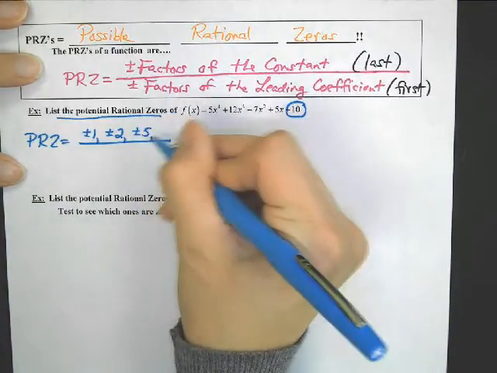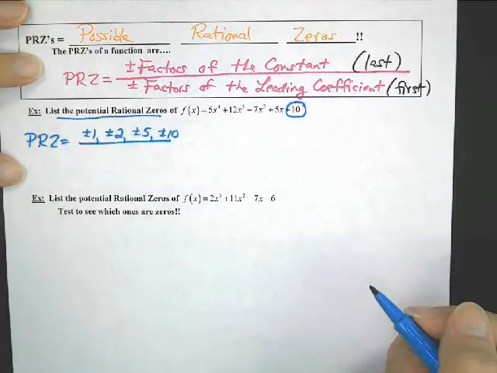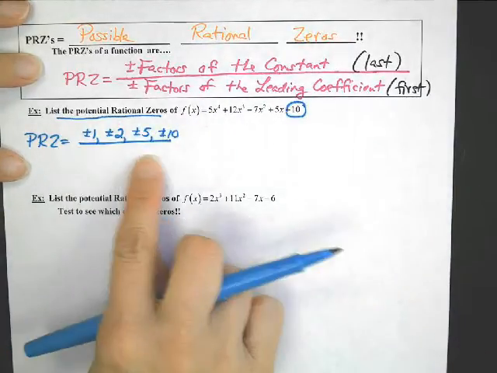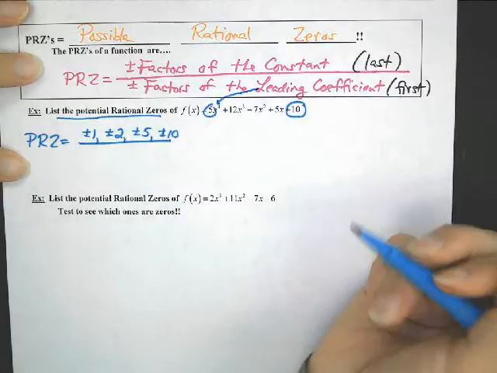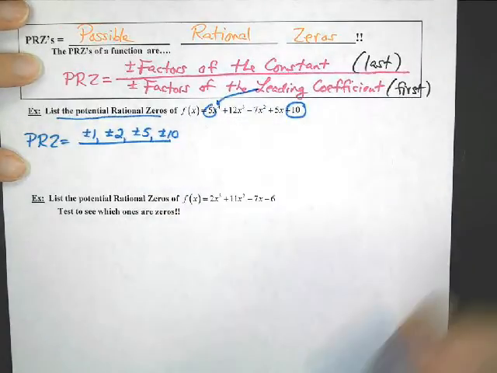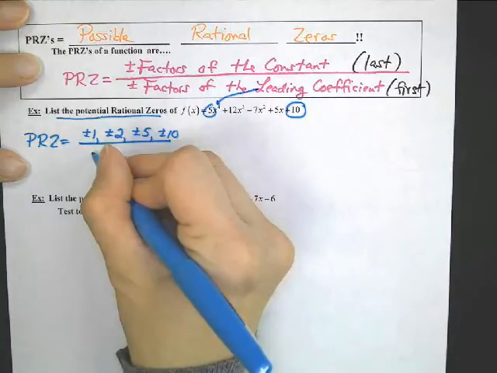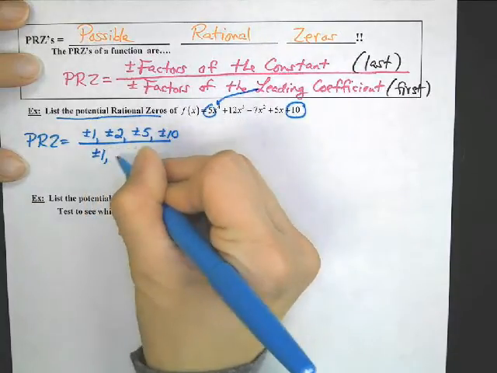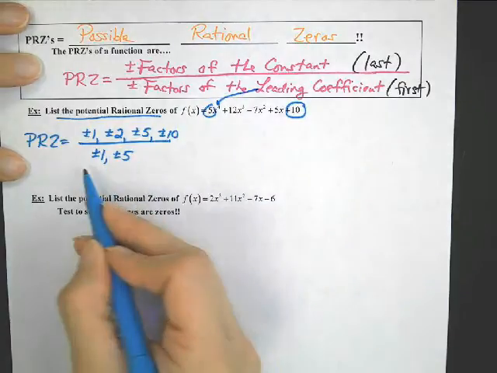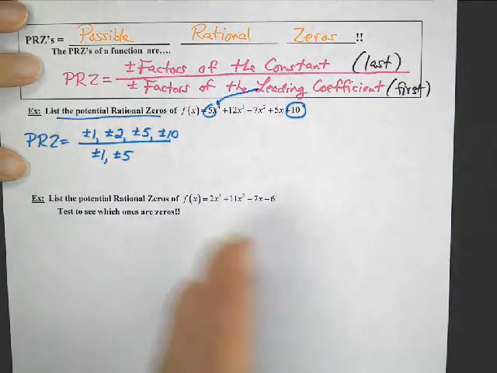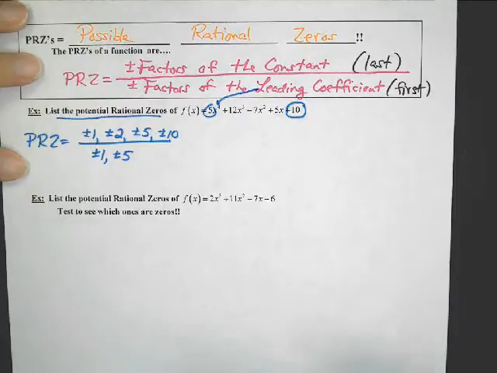Plus or minus 5. Plus or minus 10. Now in the denominator, you have to look at the leading coefficient. That's this one right here, 5. So what numbers can go into 5? Plus or minus 1. Plus or minus 5. So try to be organized. You always start with 1 and go all the way up to the number.